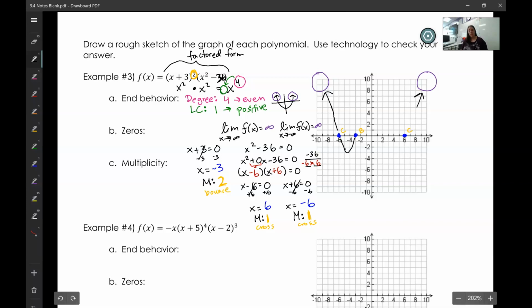I'm going to bounce off of this one because it's a B, and then bring it to the last one. I'm going to cross through that one since it's a C, and notice that we match up with the last end behavior. If you've done everything right, you should match up with your end behavior at the end. And that's our sketch of the graph. We're done.